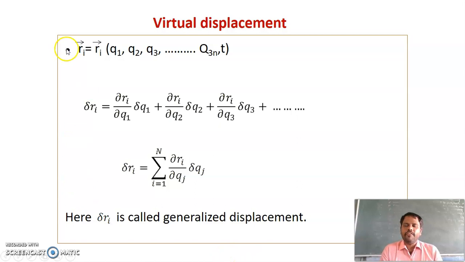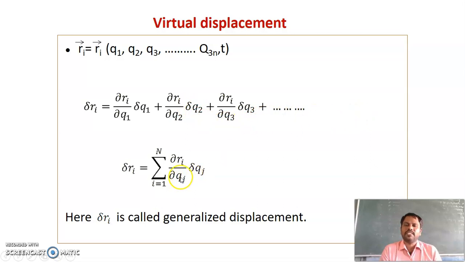We know that the position vector in terms of generalized coordinates is given by Ri is equal to Ri as a function of q1, q2, q3, and so on up to qn. Differentiating this expression partially, we arrive at dou Ri by dou q1 into delta q1 plus dou Ri by dou q2 into delta q2, and so on.